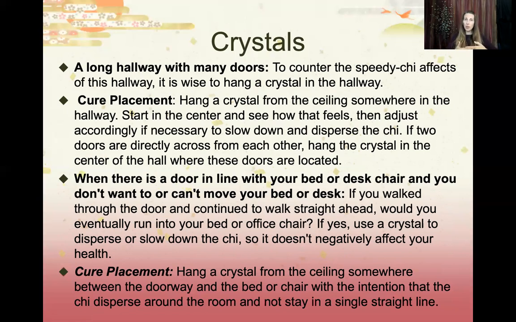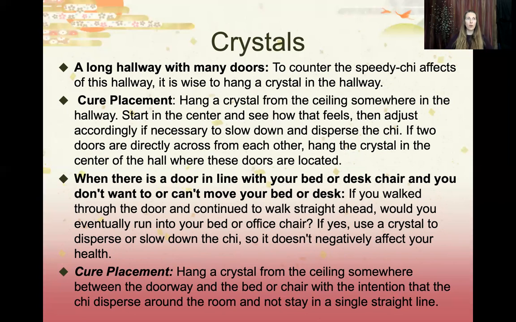So, kind of similar to that situation, if you have a door that's in line with your bed or your desk chair and you can't move your bed or your desk, but you want to slow down the chi, if you walk through the door and continued straight ahead, would you run into your bed or your chair? If so, we can put a crystal there. So we want to be thinking about that command position as we start to address that in the next couple of presentations.